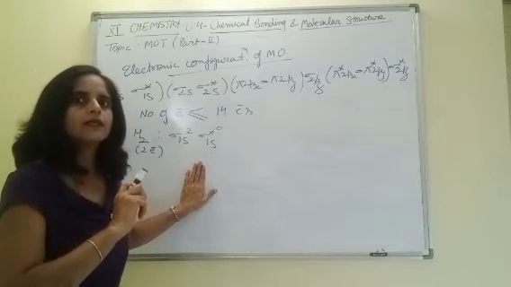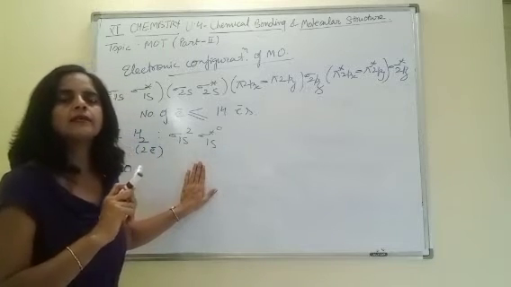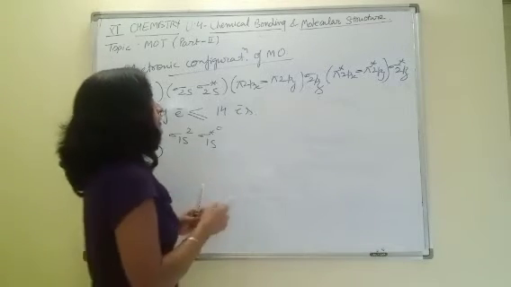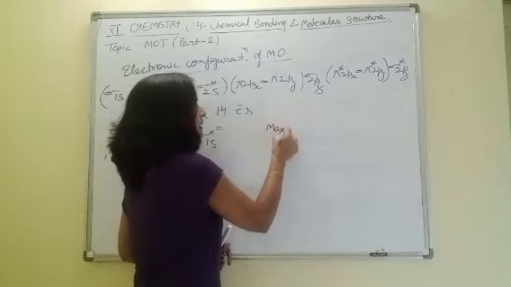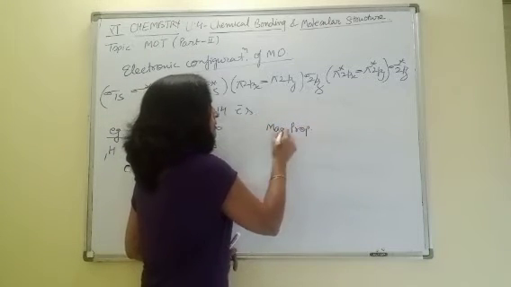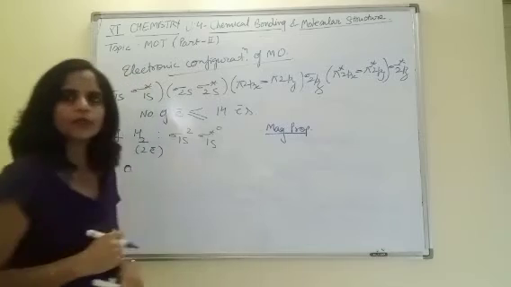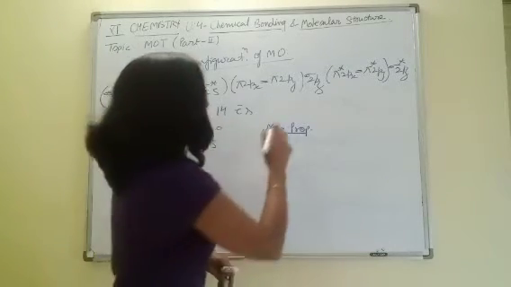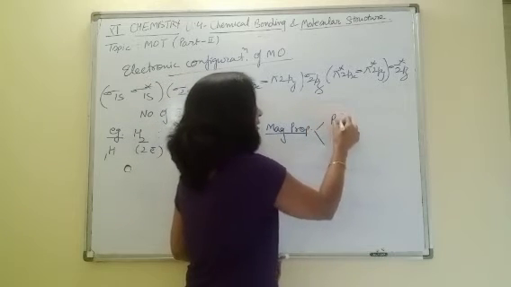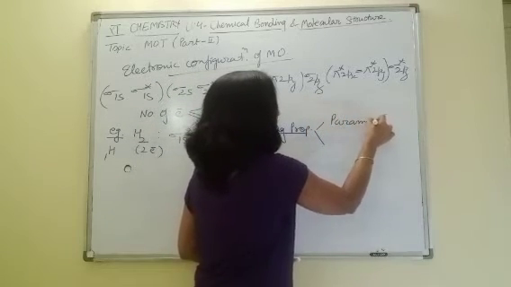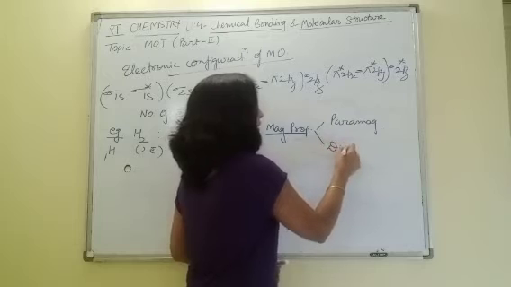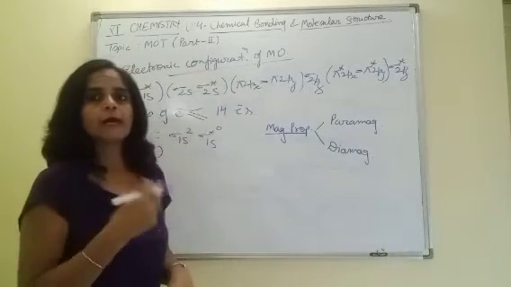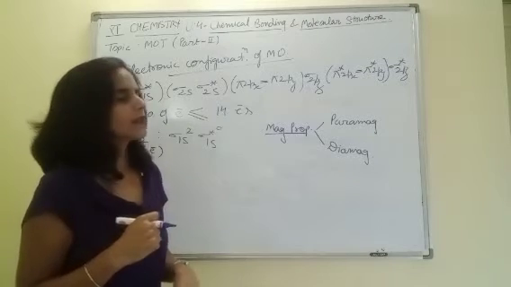How? It can tell us the magnetic behavior of a particular case. How can we explain magnetic properties by using this electronic configuration? Broadly, there are two types of species on the basis of magnetic properties: paramagnetic and diamagnetic. Now, how do we judge which one is para and which one is dia?